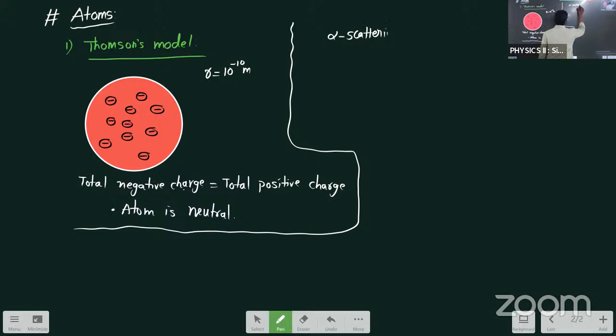Thomson said that the entire sphere is positively charged, and the alpha particle is also positively charged.